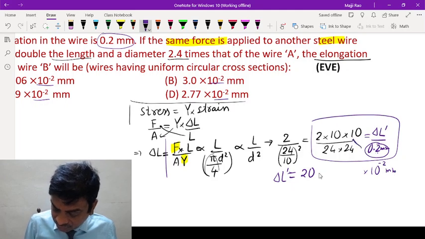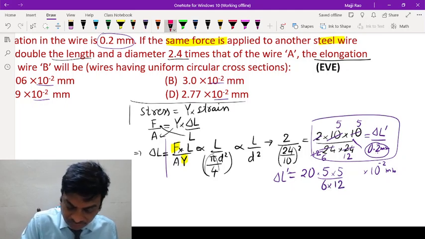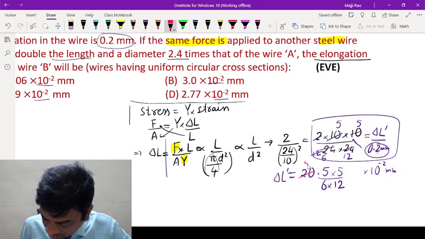Let us cancel this. 2 5s are, 2 12s are, 2 5s are, 2 12s are, and 2 6s are. So we have 5 into 5 upon 6 into 12. Is it? Then we have 4 5s are, 4 3s are.